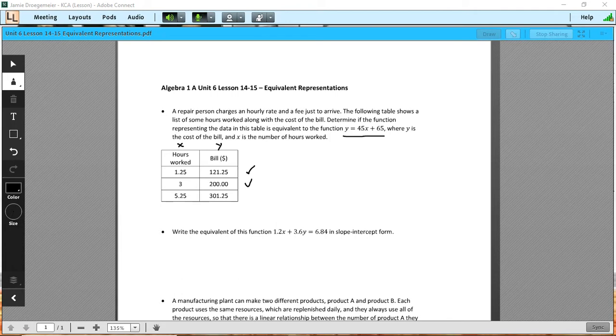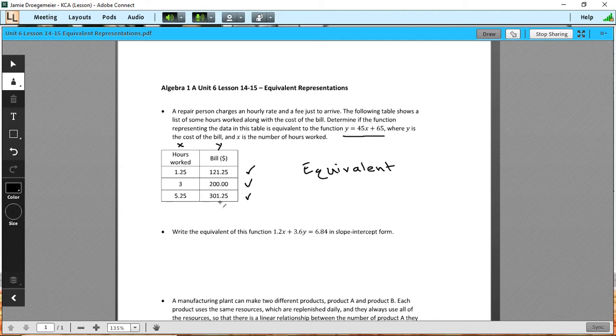Add the $65 flat fee, and I do get $301.25. So in this case, we would say that the table and the equation are equivalent. If I plug those x values for hours worked into this equation, I do get the y value that is listed in the table.